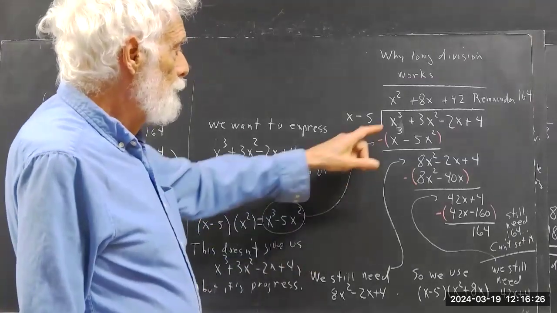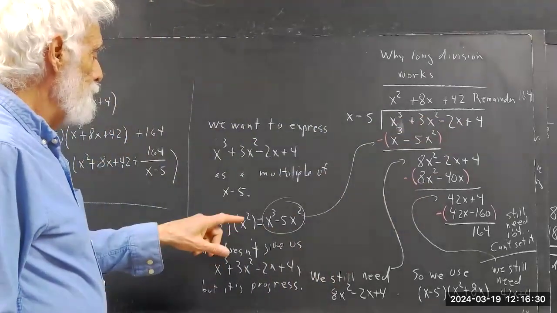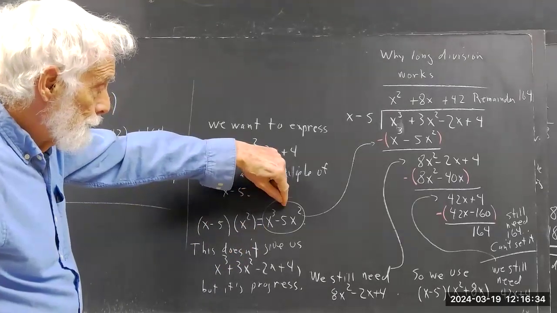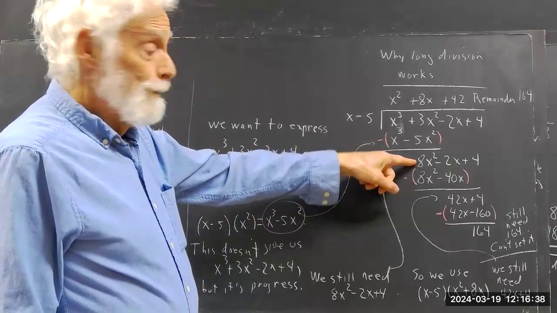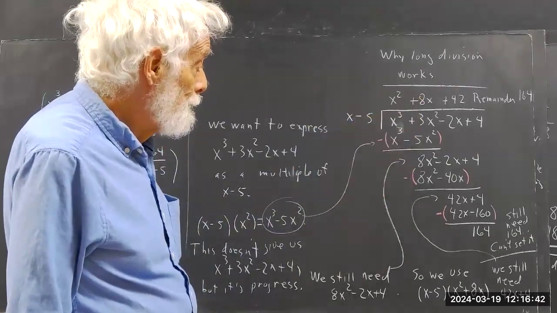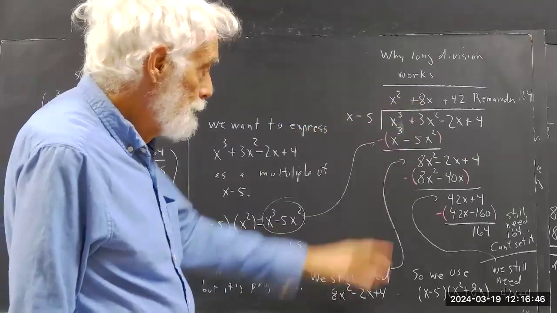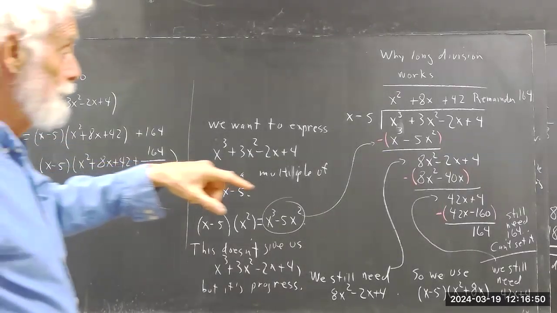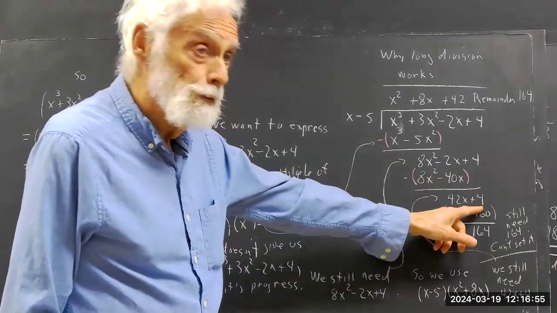We know that to build this up by multiplication, we're going to have to at least have an x squared times x minus 5, which will give us this, which leaves us this much. To get this, we're going to need an 8x. And 8x times your x minus 5 is going to give you this much, which will leave you this.